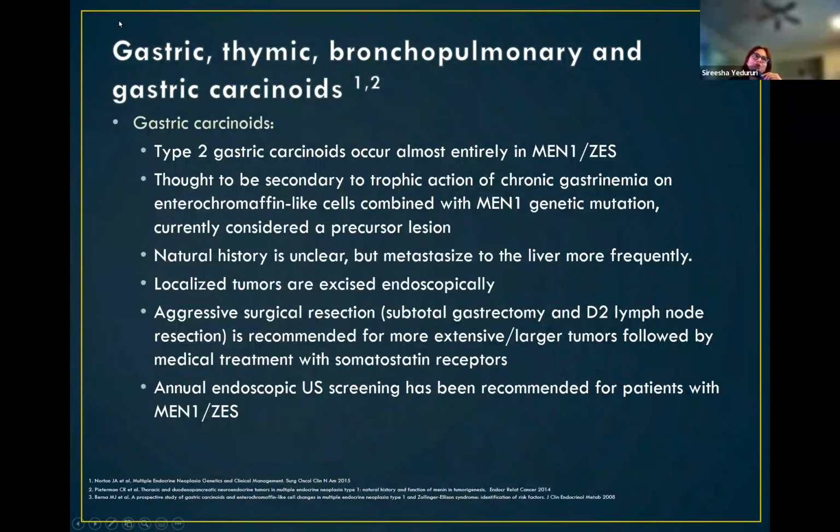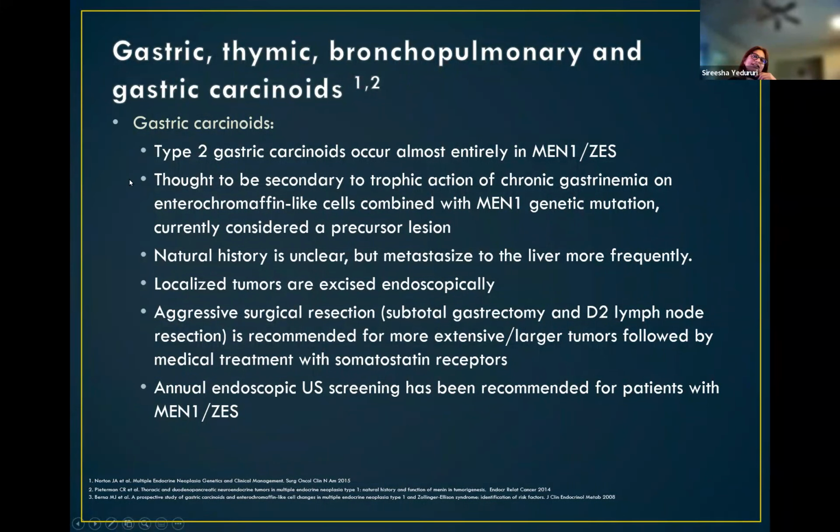Moving on to the other less common neuroendocrine tumors, gastric carcinoids. These are predominantly seen in patients with type 2, patients with Zollinger-Ellison syndrome who have hypersecretion of gastrin, leading to precursor lesions.